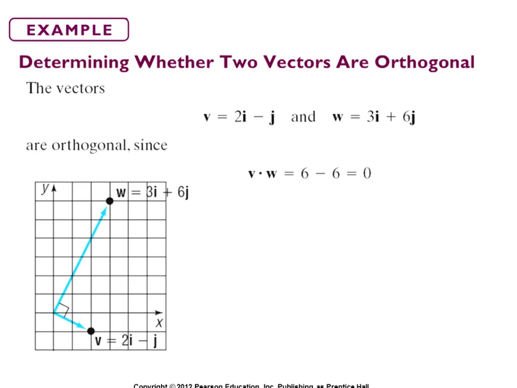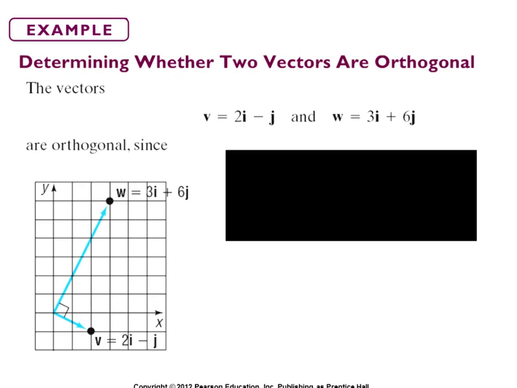So I have v equals 2i minus j and w equals 3i plus 6j, and I want to know if these are orthogonal. Orthogonal means perpendicular.